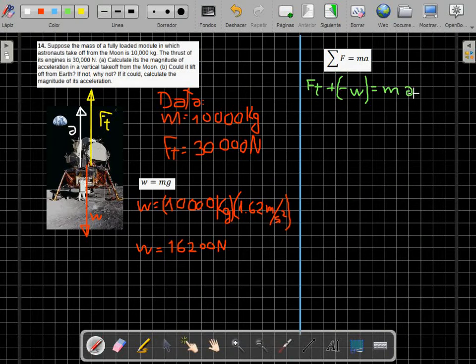Our unknown is the acceleration, so we need to isolate it. For that, we need to send that mass to the other side. Since it's multiplying here, it goes to the other side to divide. So the force of the thrust minus the weight, divided by the mass, is going to be equal to the acceleration.